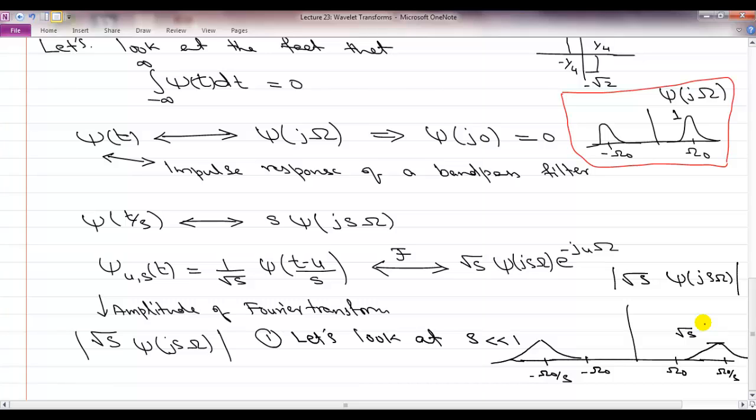Okay. But what does scale s much smaller than 1 mean in terms of time?